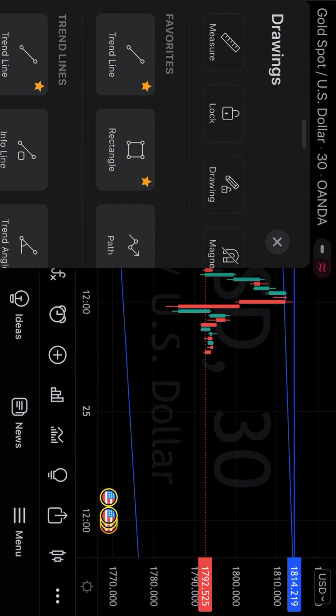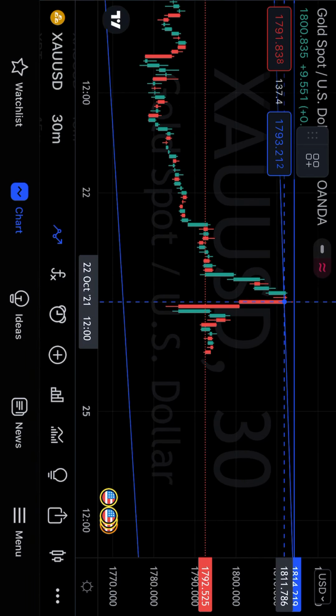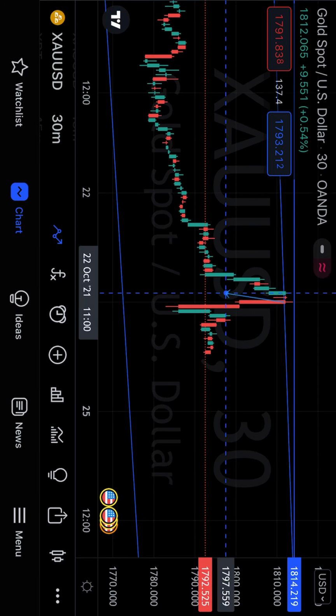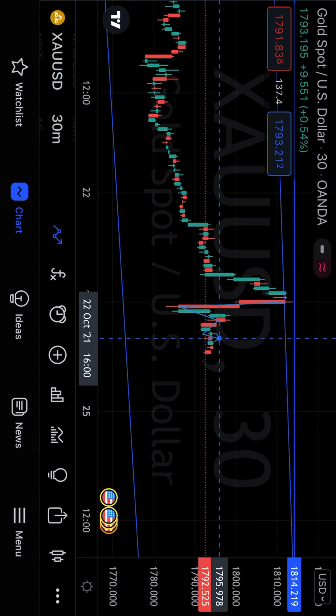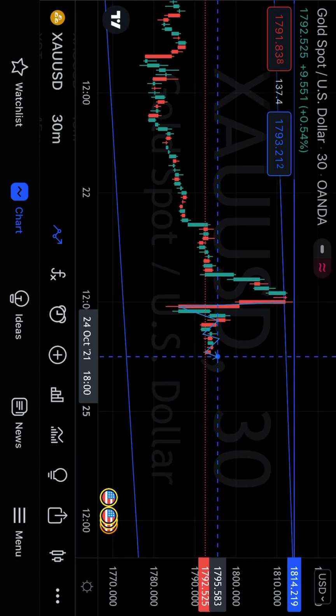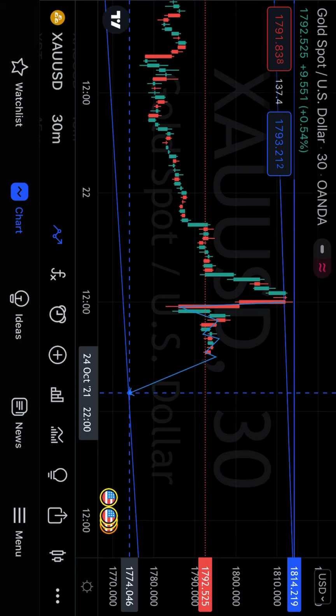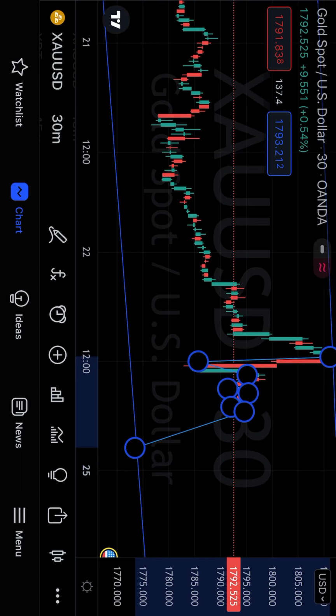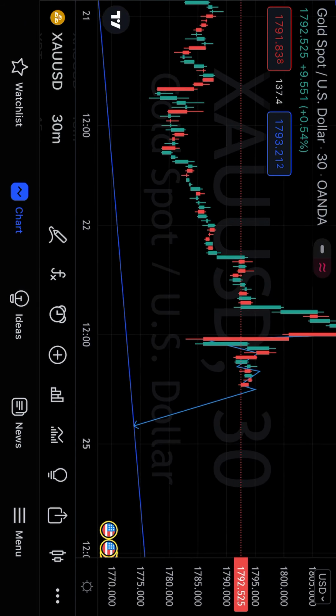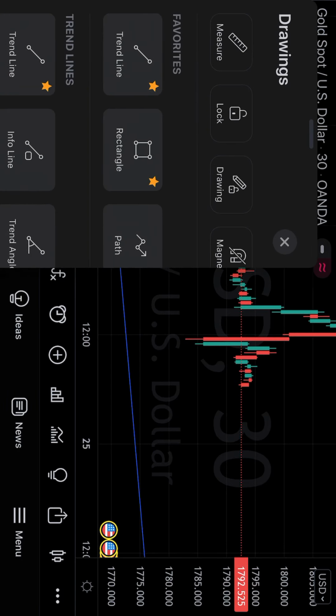Market nature, right? This was the impulsive leg, then corrective nature, and what else should you be looking for? Another impulse to the downside, right? Impulse, correction, impulse to complete the market nature. After this correction, we should be looking for an impulse to the downside.